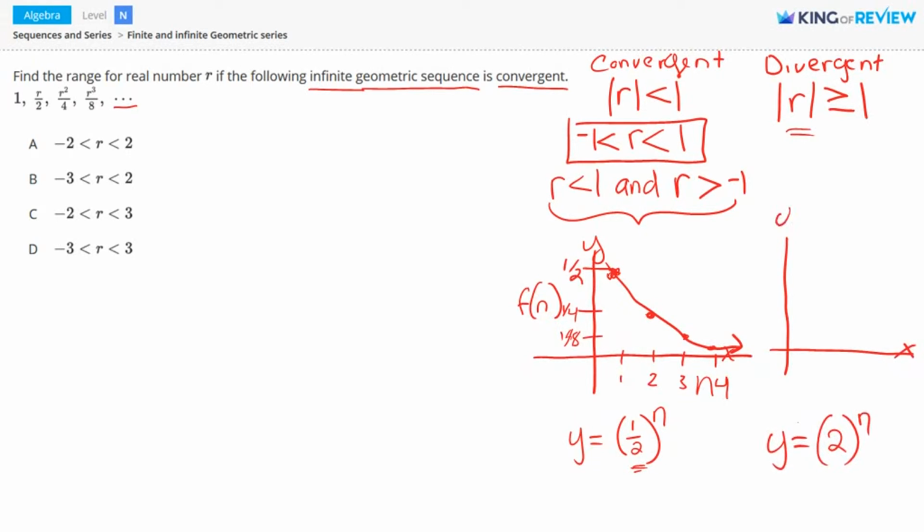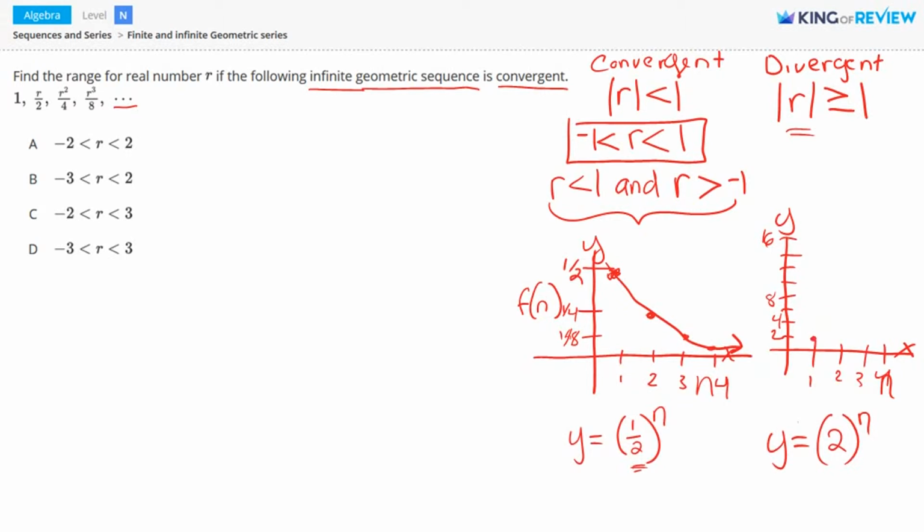Again, we'll have the x and y axis. Our x-axis will be n.